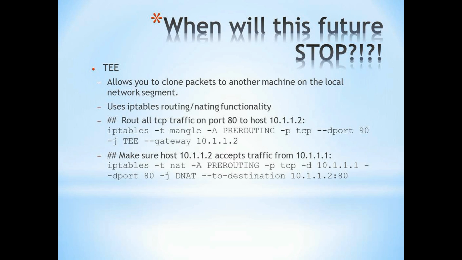We're telling any traffic coming into port 80, pre-route, we want to copy or mirror it out to gateway 10.1.1.2, which is this guy right here. And here, we're telling it to accept any traffic from 10.1.1.1 destined for port 80 to destination 10.1.1.2 on port 80.